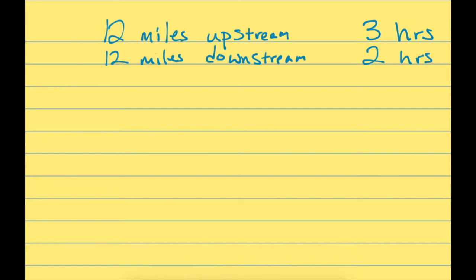Now here's what we have to understand. When he's kayaking upstream, the speed of the boat minus the speed of the current gives us his actual speed. This is his total speed upstream. For instance, if you were kayaking at 5 miles per hour, but the current was moving at 2 miles per hour, that means you only gain 3 miles per hour.